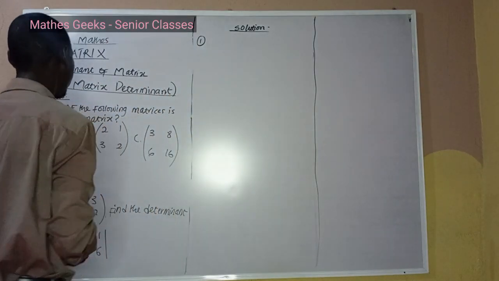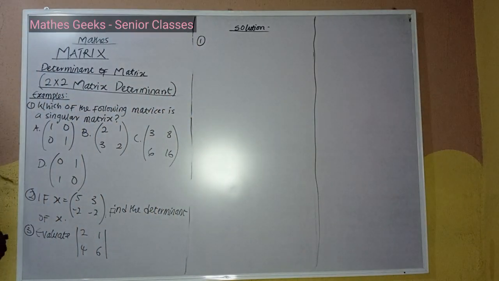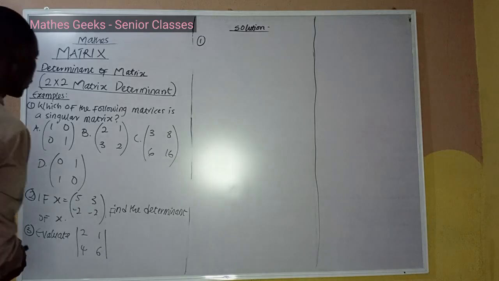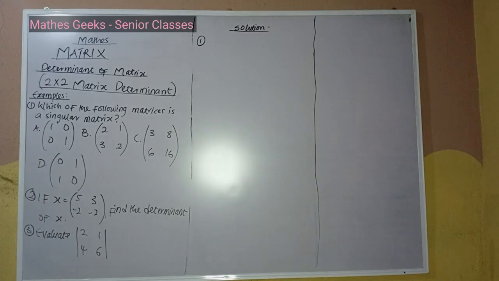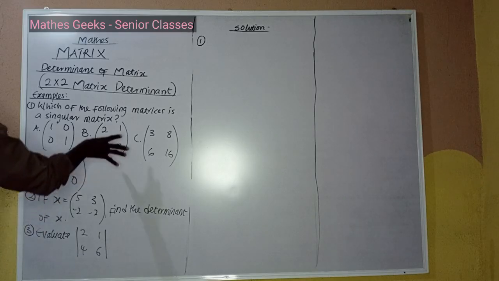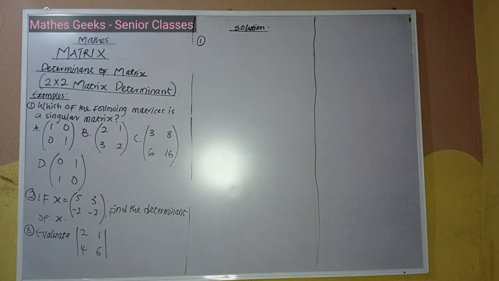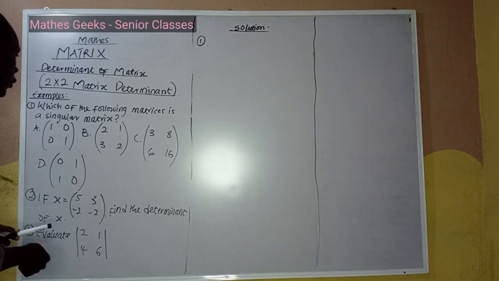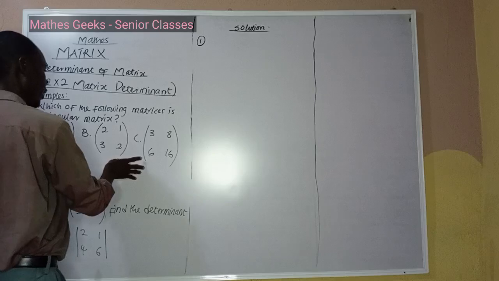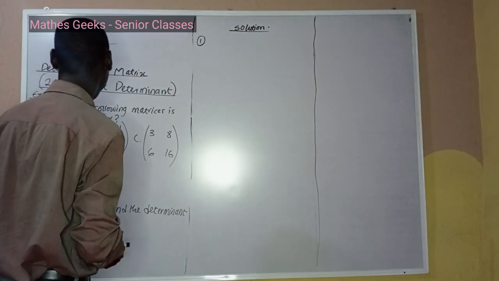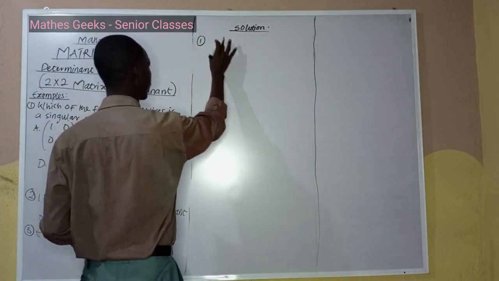Number 1 says, which of the following matrices is a singular matrix? For us to be able to determine the singular matrix out of these options, we find the matrix whose determinant will equal 0. So let's try them one after the other.